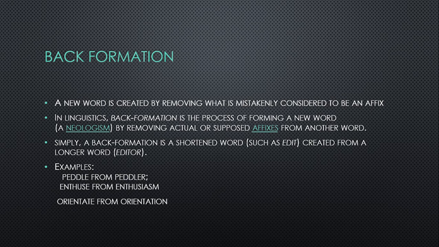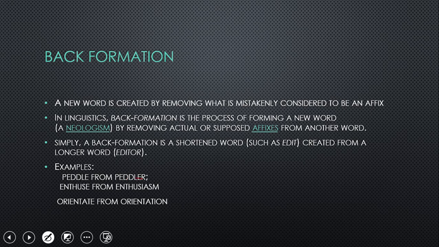So back formation is the process due to which you form new words by removing the part of the word that could be affixed in that particular word. For example, if I say peddler, if I remove er from it, it would become a new word, pedal.